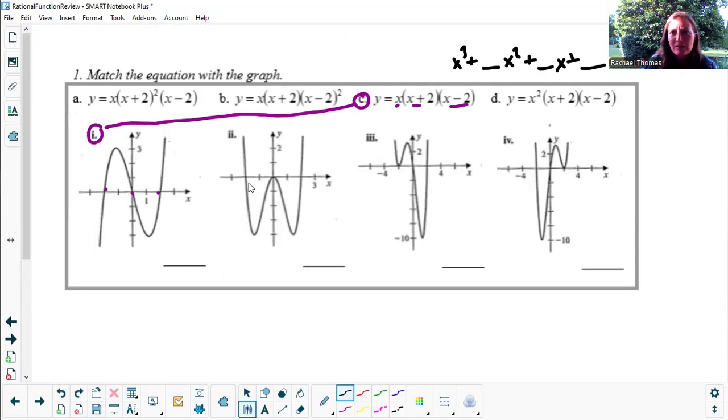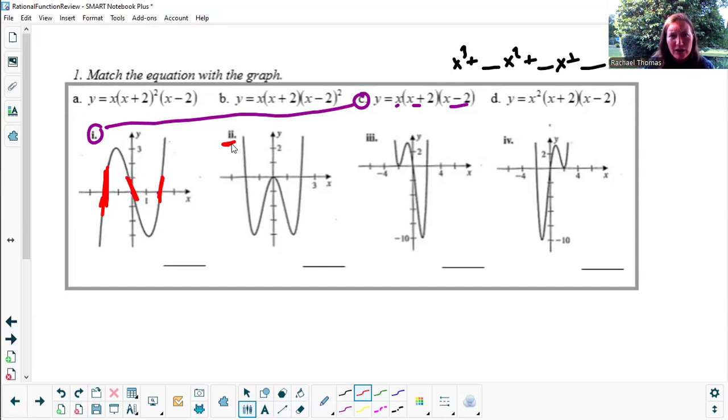Now the rest of these I'm going to match up based on where the squared comes. So I guess I could real briefly point out, like here at y equals 0 or x equals 0, x equals 2, these factors in part C all have a degree of 1, x to the 1, x plus 2 to the 1. That would be a line. And all of these places where this curve intersects the x-axis, they look like lines.